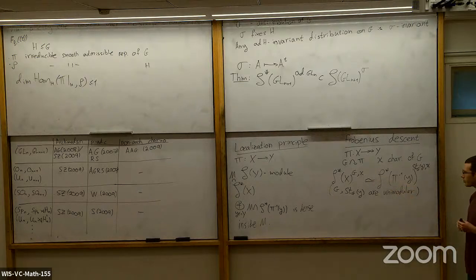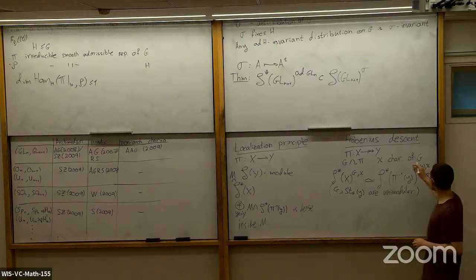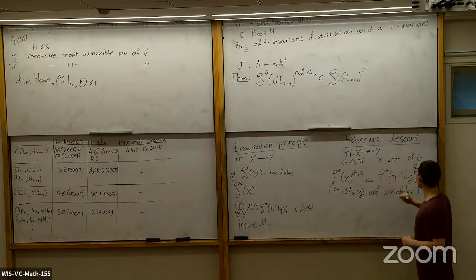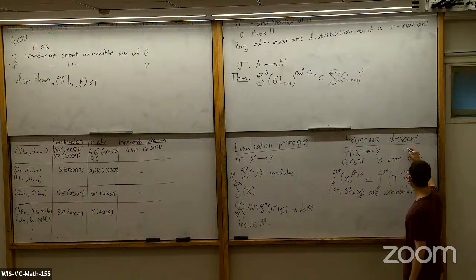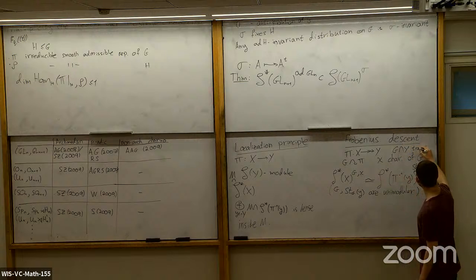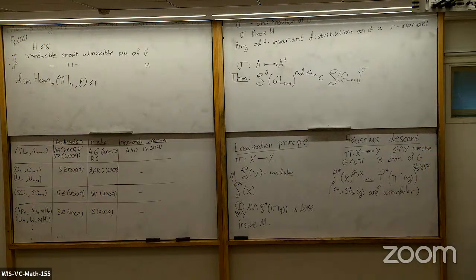And now hopefully this statement is correct. So, yes, I forgot another condition, and that is the action of G on Y is transitive. Thank you. Otherwise, of course, this doesn't make sense.